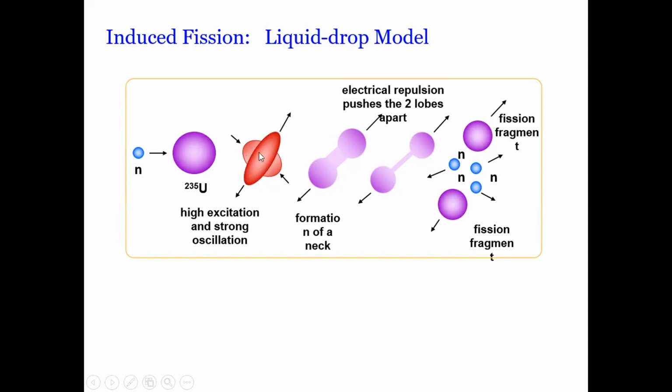So it keeps on shaping in different directions until it starts breaking into two parts. And the electric repulsion becomes large enough that these two fragments are formed, and they form a neck. This neck becomes smaller and smaller, and eventually they break into fission fragments.